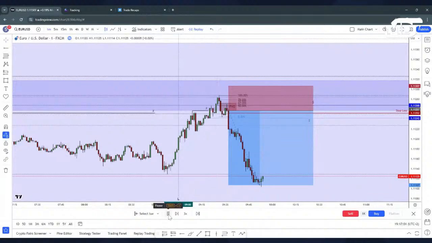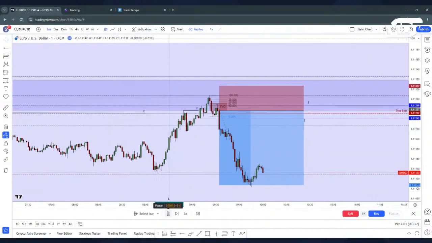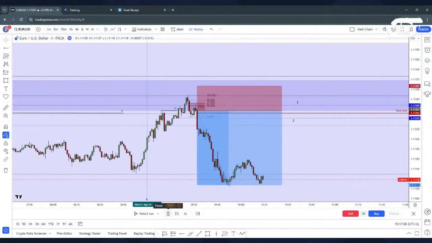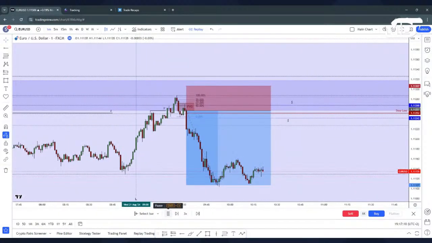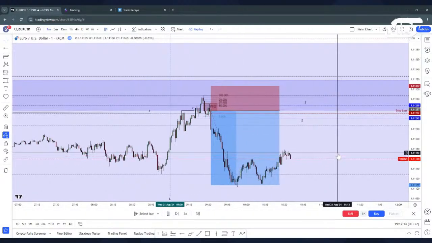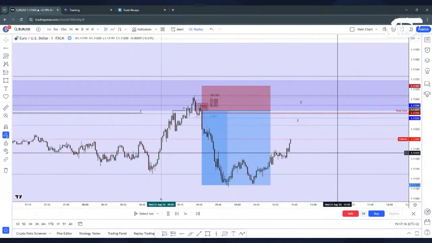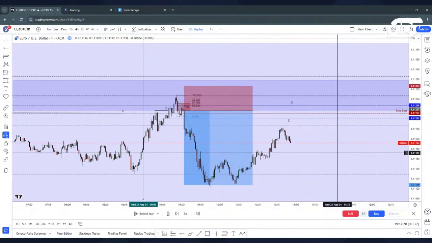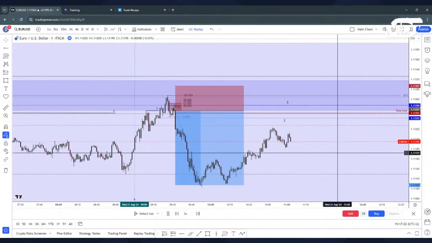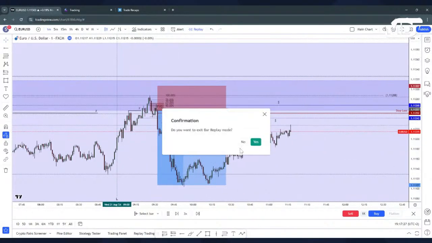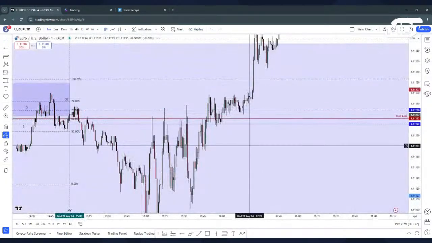So that ran, and it's crazy. That's literally to the pip, more or less, where it stopped. I think it might have gone down a bit lower, but it's a bit irrelevant at this point. So that was the mistrade, literally to the pip. And then we come back higher, and I think we ultimately ended up trading a lot higher than that.